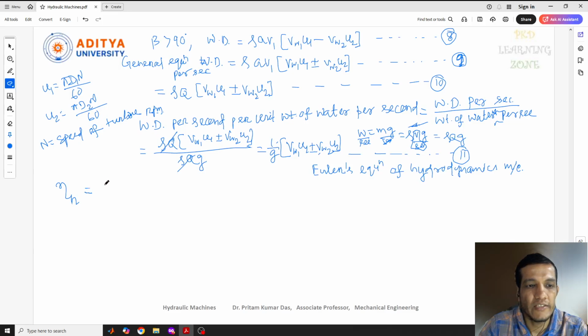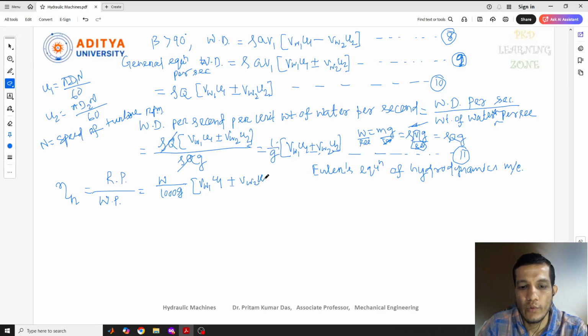So hydraulic efficiency can be written as runner power by water power. Runner power is nothing but weight by 1000 g times the work done that we got, plus minus VW2 U2, and divided by water power, which is W into H by 1000.